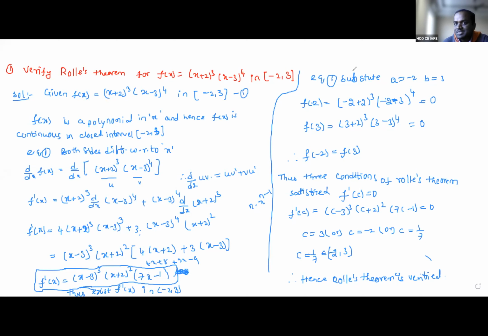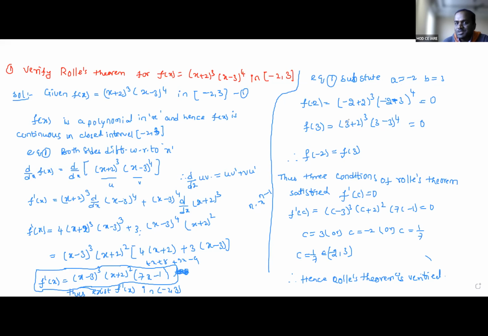Third condition, what is the third condition? If f of a is equal to f of b. Here the given interval is minus 2 and 3, so we substitute these values. F of minus 2 is (minus 2 plus 2) whole cube into (minus 2 minus 3) whole to the power of 4. This term is 0, and 0 into something is 0.